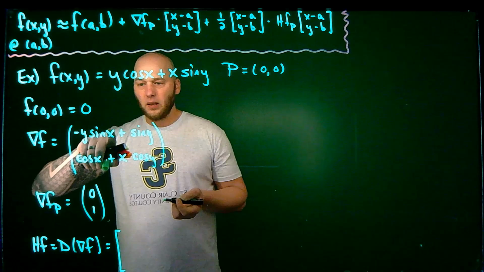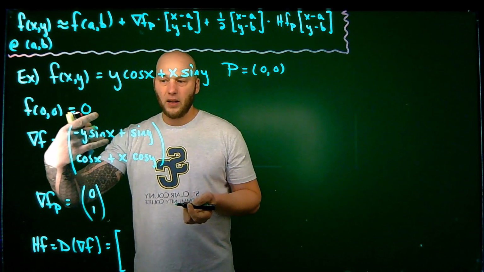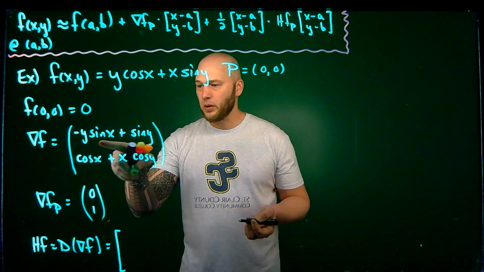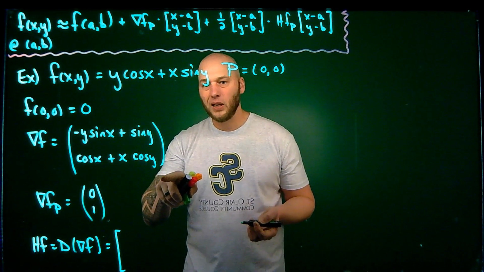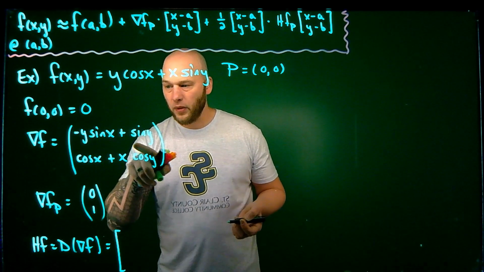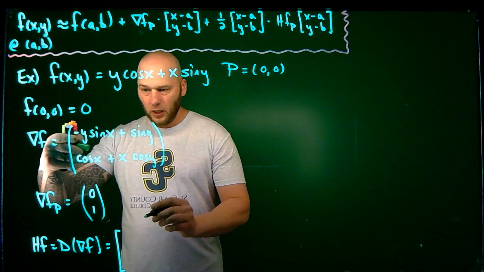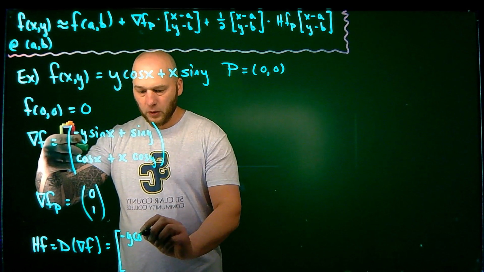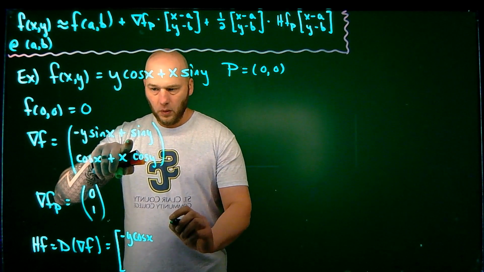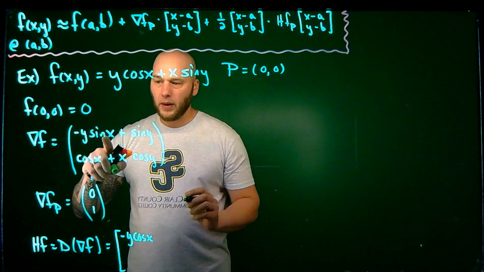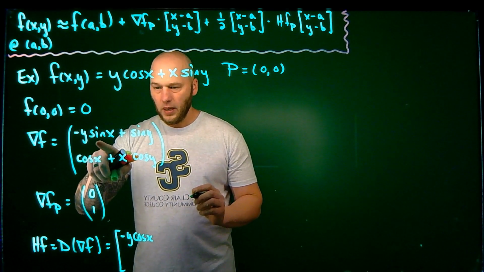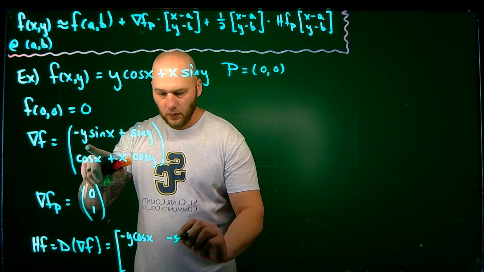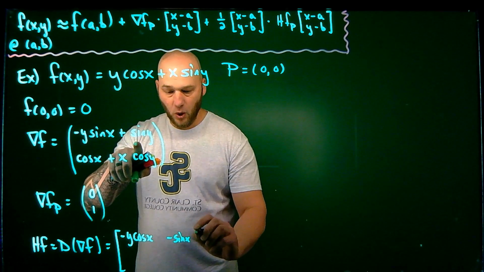Rather than thinking of this as a gradient, let's think of it as a function from two components to two components. So this is my first component function. This is my second component function. And what I do is I take the gradient of this, which with respect to x would be negative y cosine x. And then the derivative with respect to y would be negative sine x plus cosine y.